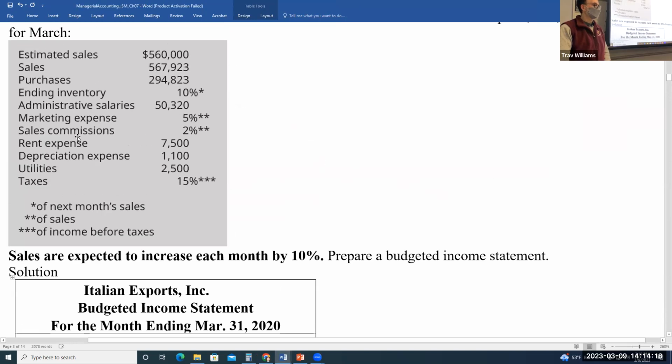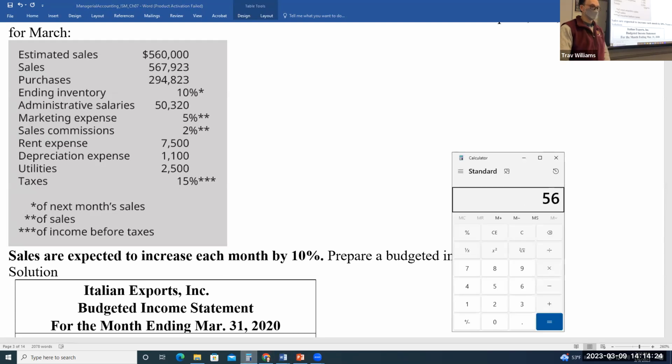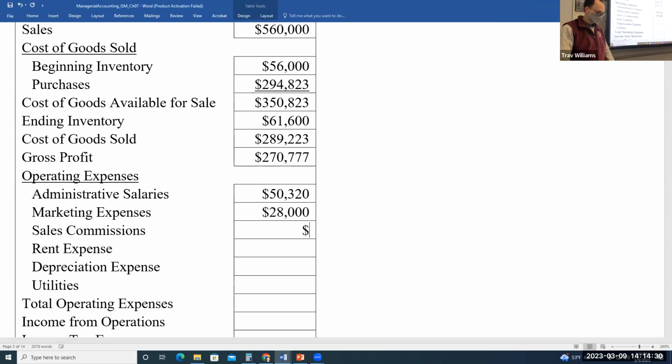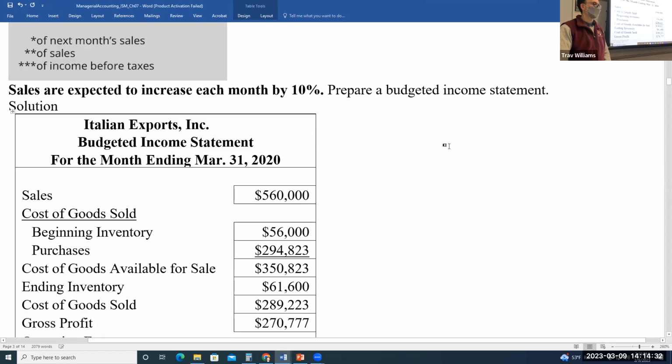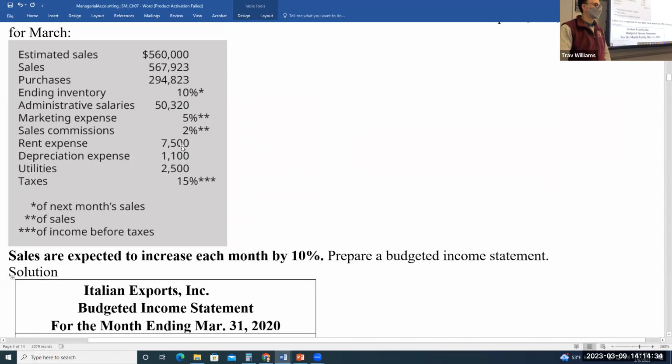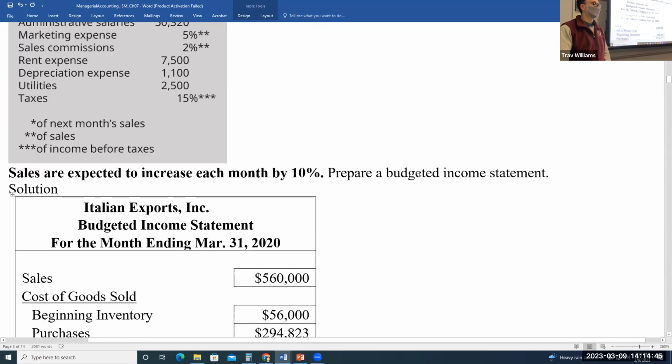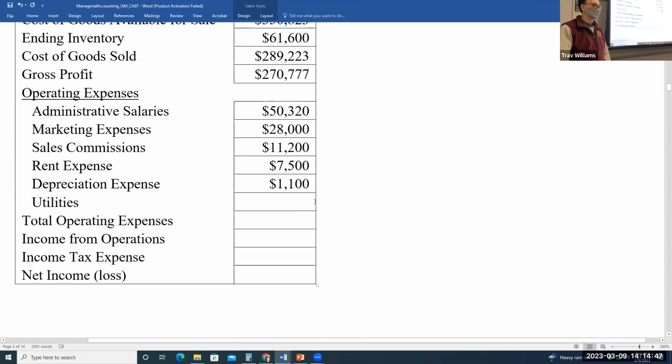Sales commissions, it says, equal 2% of sales. 11,200. Rent expense, 7,500. Depreciation is 1,100. And utilities are 2,500.